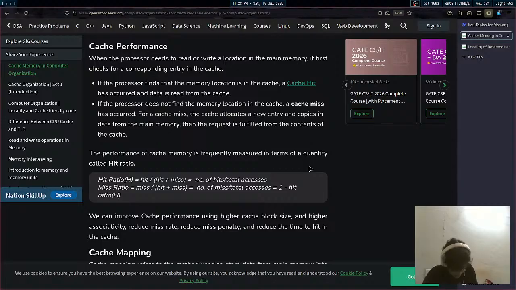Right, this is how it should go. Data is sent to both CPU and cache. So yeah, this is nice.